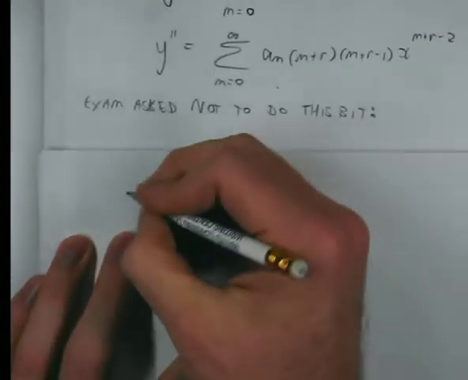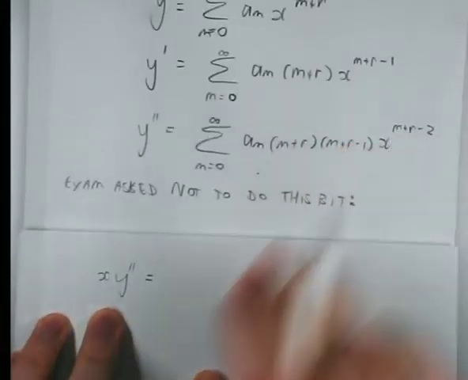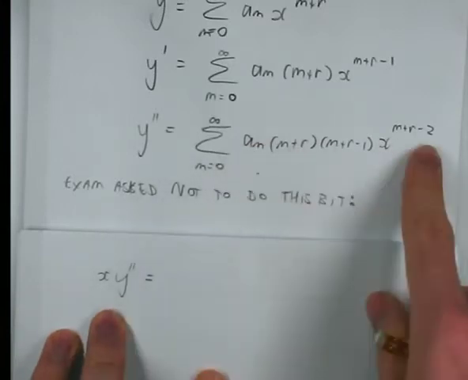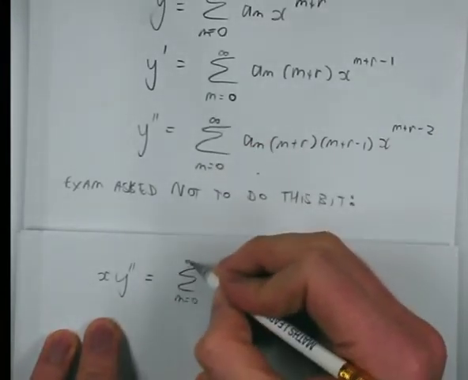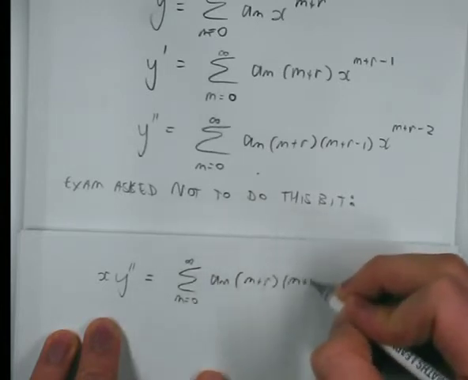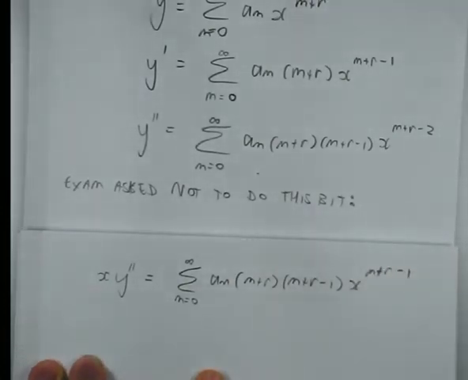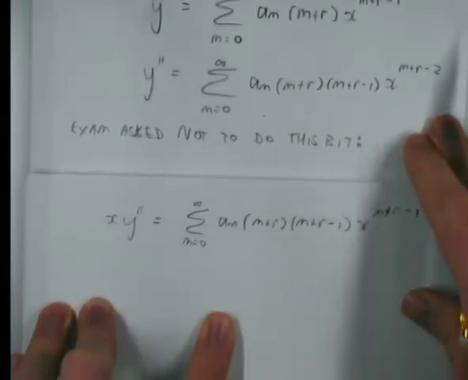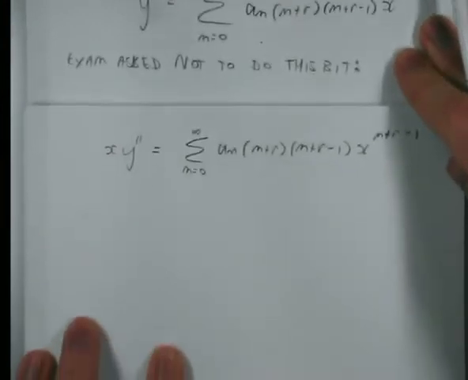So x y double dashed, I would times this by x, so the power would go up by 1. Okay, that's my first one. And I'm just going to leave some space in case I have to shift some indices later.